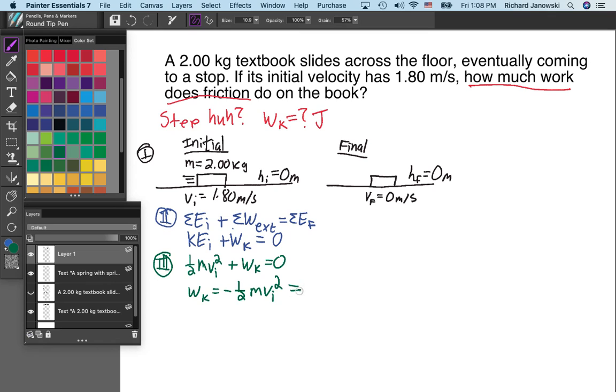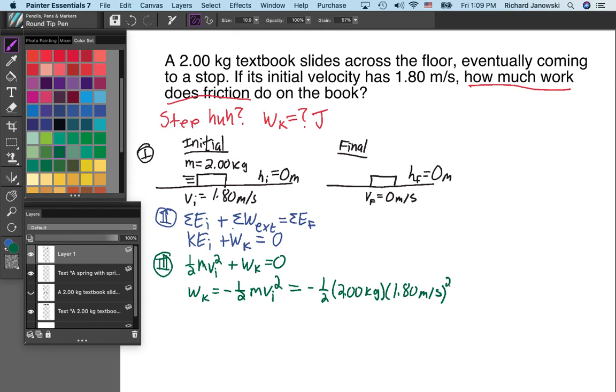And now we've taken it as far as we can with the letters. We got to go to the numbers. So minus 1/2. Sorry, my thing's getting laggy. There's my 2. Minus 1/2. Our mass is 2.00 kilograms. And our velocity initial was 1.80 meters per second.